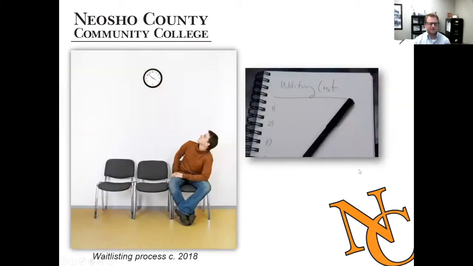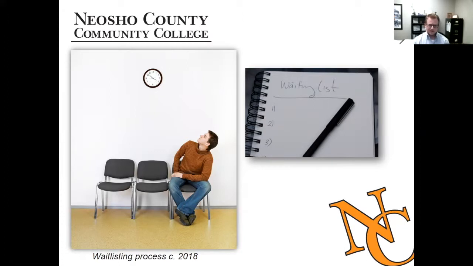All right, so anybody who's been with Neosho for a while is familiar with our current waitlisting process. It really revolves around a student looking at a clock and waiting for a spot to open. As I mentioned, there's been a subgroup of the Enrollment Management Committee who's been working for a couple of years on implementing a waitlisting process and have made a lot of progress over the last semester or two. So we are planning to make that live for summer and fall enrollment.